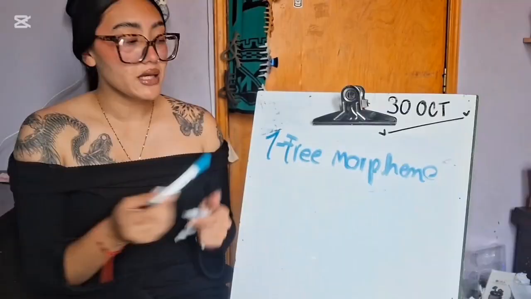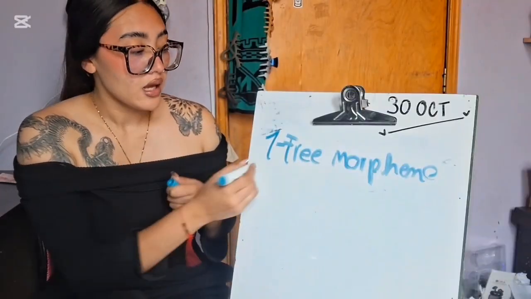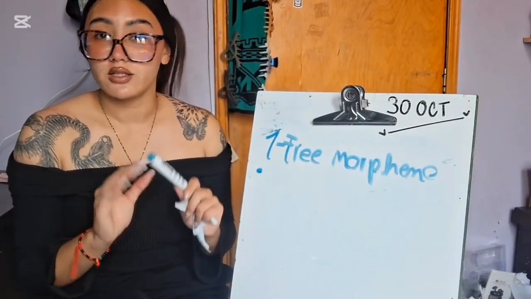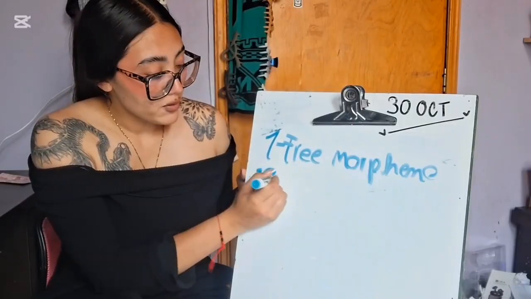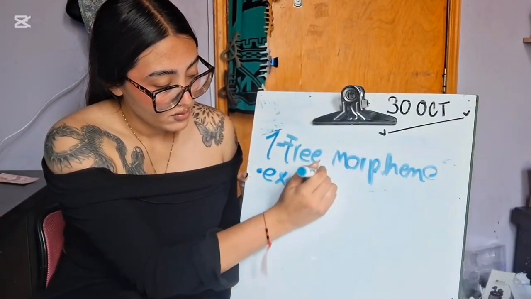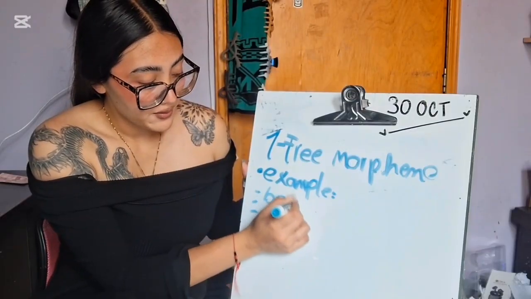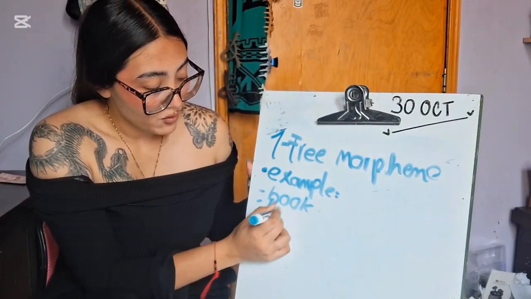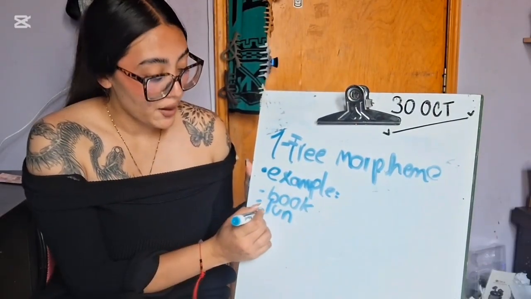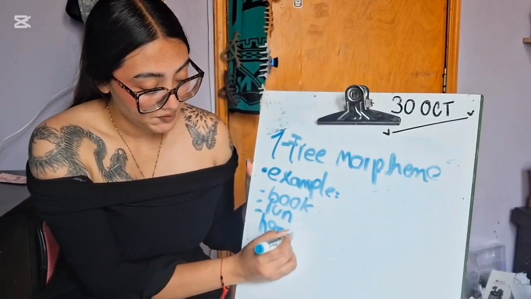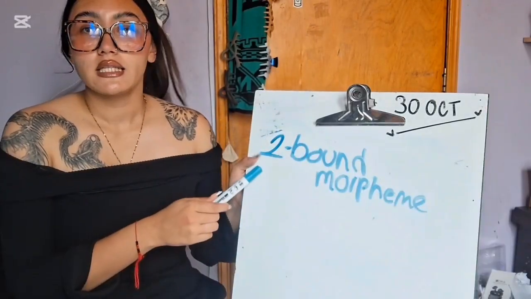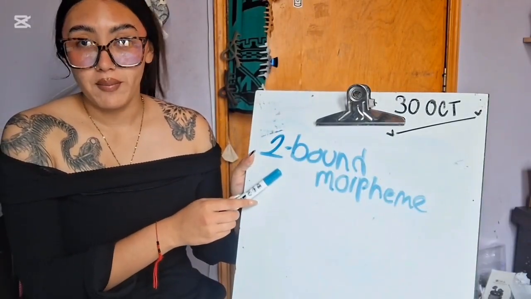The first type is the free morpheme. These can stand alone as words. For example, book, run, and happy. The second type is the bound morpheme.